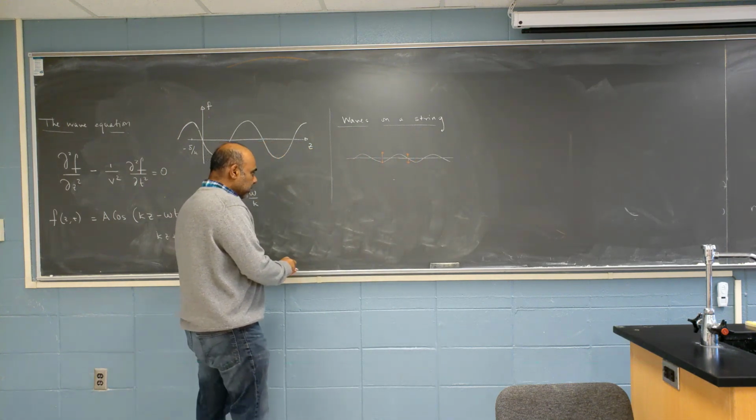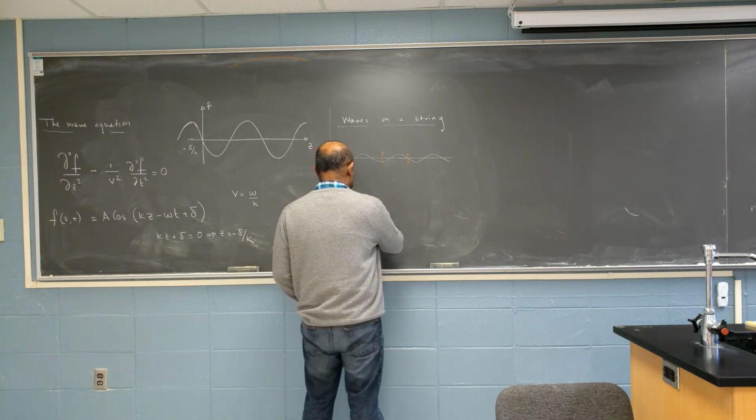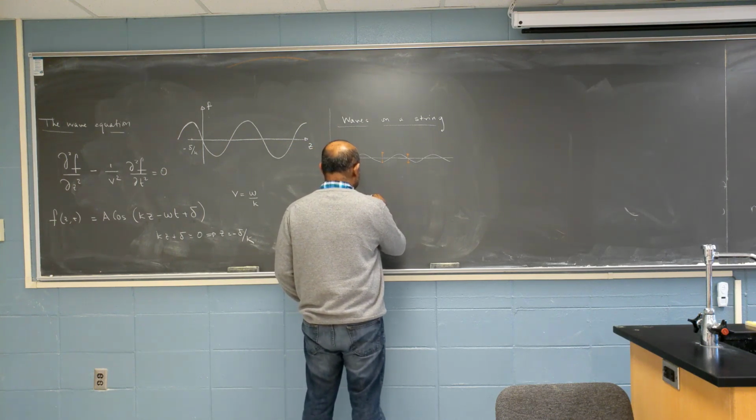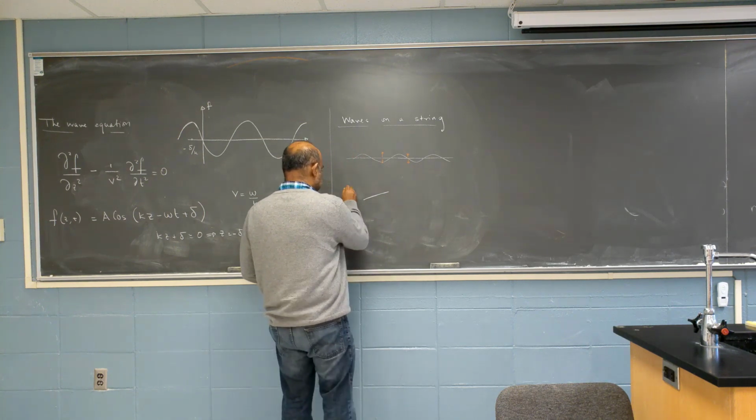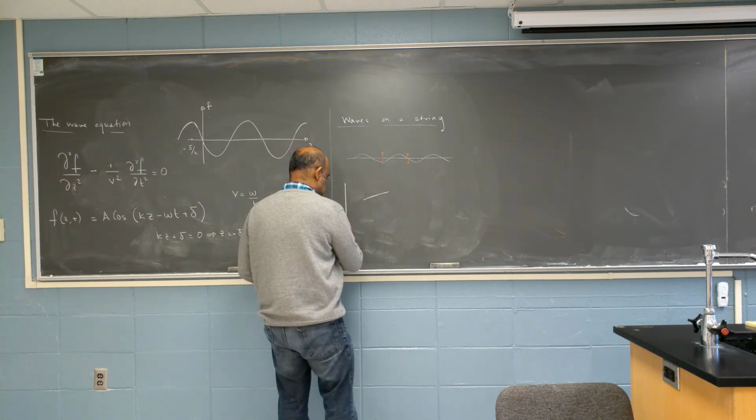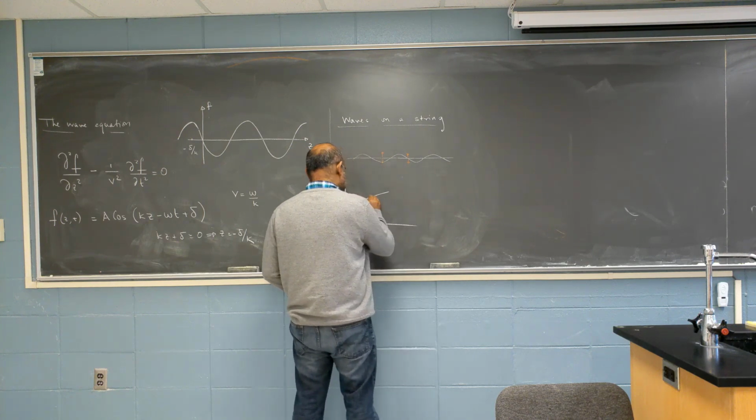So what I'll do is consider one portion of the wave and sort of zoom in. When I zoom in, I'll also make sure that the slope is very small and yet make it look a little curved. Okay, and let me draw an axis and mark 2 points.